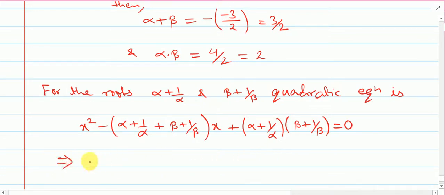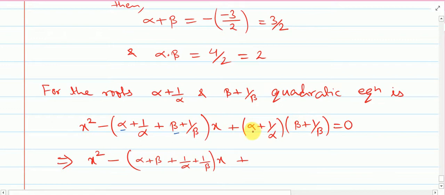So here x square minus this alpha and this plus beta can be written together. So I can write alpha plus beta, and then this 1 upon alpha and 1 upon beta can be written together, and here multiply.